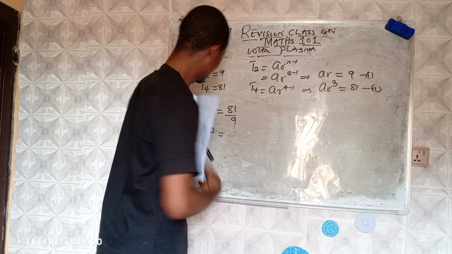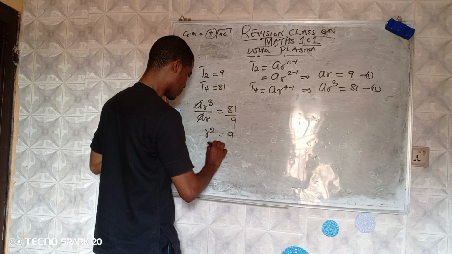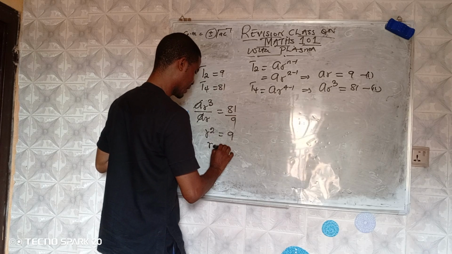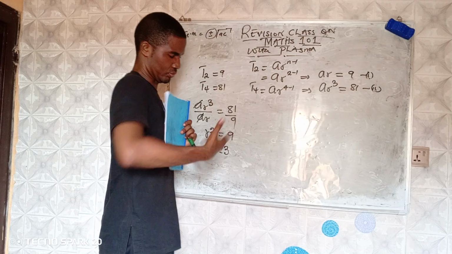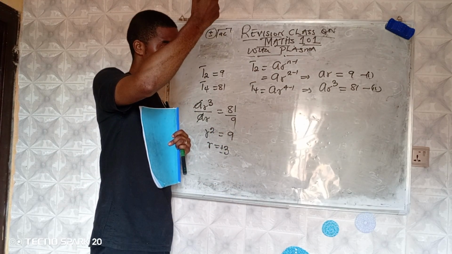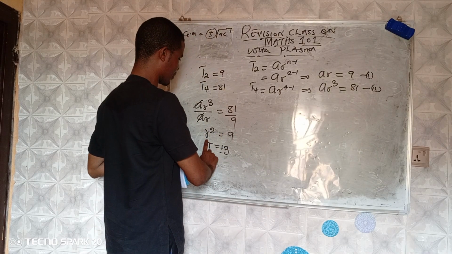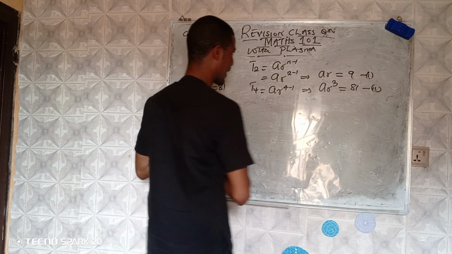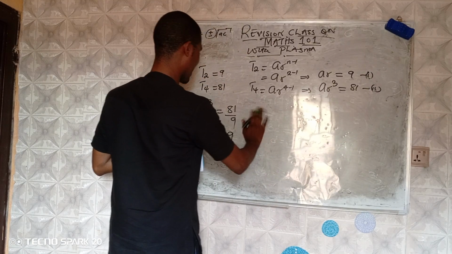a cancels a. I have r squared equals 81 divided by 9. That is 9. So if we take the square root of 9, we have what? 3. Or we can say it's plus or minus 3. If you are using plus 3, okay, you are using minus 3, you are okay, just like we saw plus or minus half in our example. So now I have my r to be 3. Now I have not got my a.